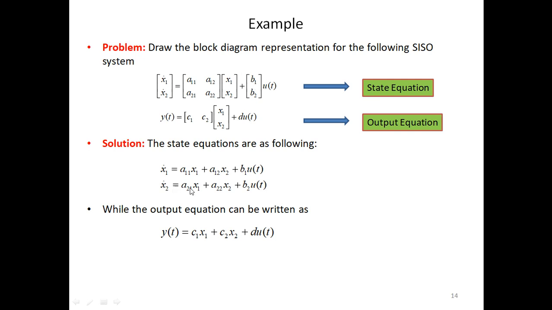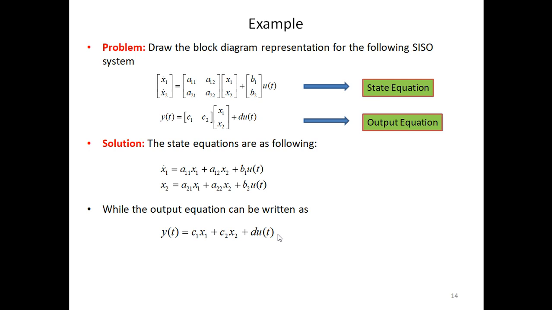Similarly, x2 dot(t) equal to a21 x1 plus a22 x2 plus b2 u(t). So these are the expanded form of the state equation. So two states are there, x1 and x2. The output equation is the same as in this case. If we expand this in terms of a differential equation, it is c1 x1 plus c2 x2 plus d u(t).